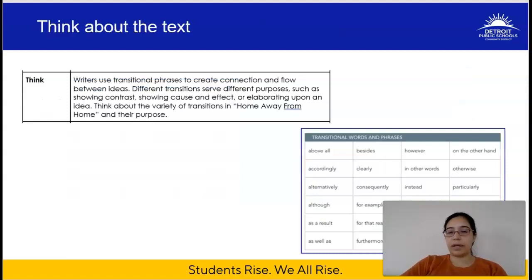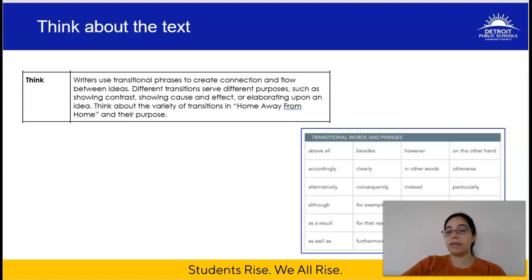Once you've done that, your task will be to think about the transitional phrases that the author used. Writers use those transitional words and phrases to create connection and flow between ideas in their writing. Different transitions serve different purposes, such as showing contrast, showing cause and effect, or elaborating upon an idea.